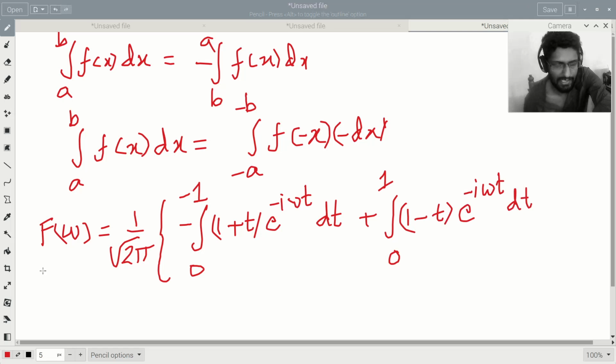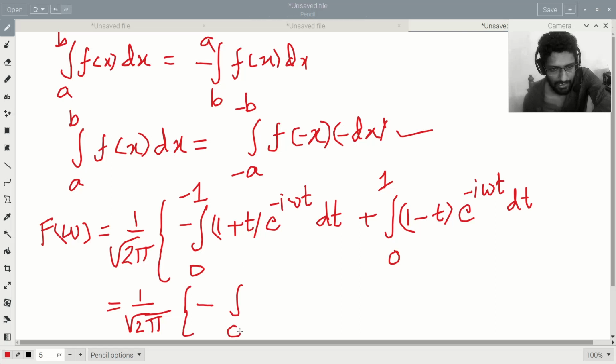So we reversed the limits. Now we are going to apply the second rule. So 1 by root 2 pi into minus integral 0 to minus 1. We are changing its polarity. It becomes 0 to plus 1. What is the cost? Wherever you find a t, put a minus sign. Now I found a t, I put a minus sign before that.